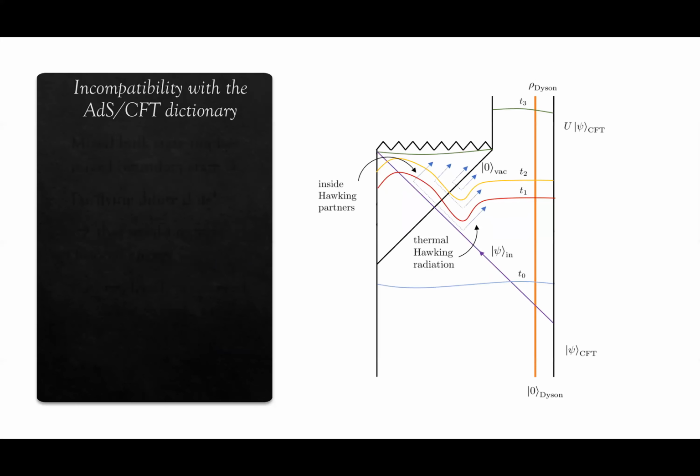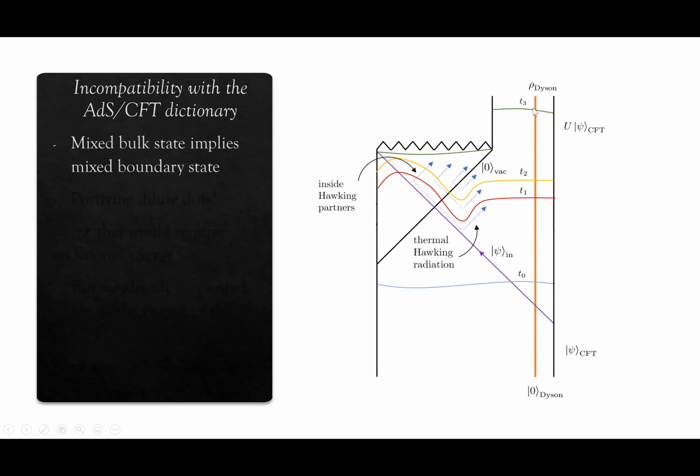So let's go back to our more complicated setting, because it's easier to analyze, where we have the Dyson sphere, not localized anywhere, just collecting all the radiation. After the black hole has evaporated, it has collected all of the outside Hawking partners into this Dyson sphere. At this T3 slice, I have all of the Hawking outside partners in here.